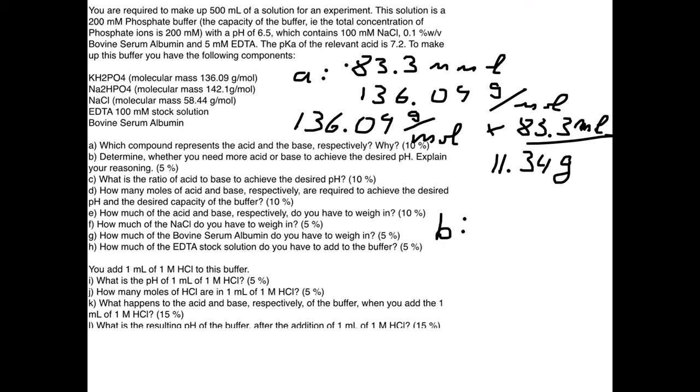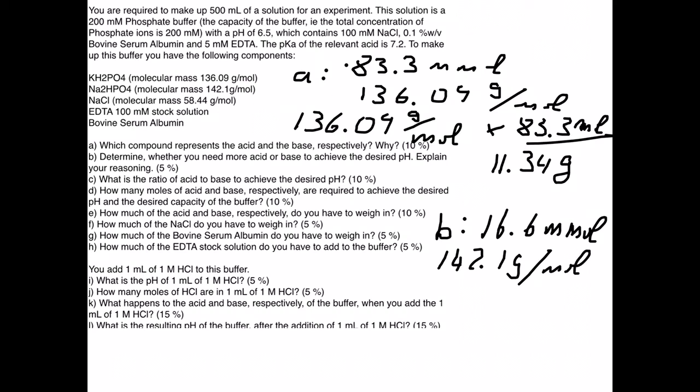And the same we can do for the base. So for the base, we said we need 16.6 millimole, and we have a molecular mass of 142.1 gram per mole.